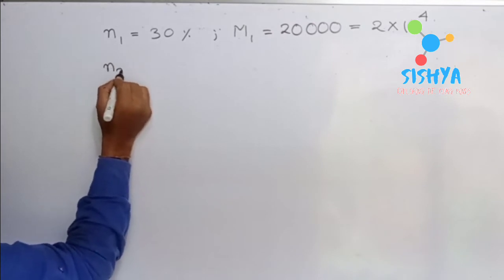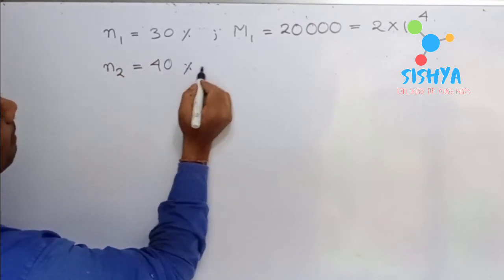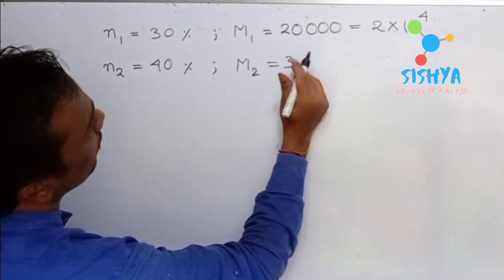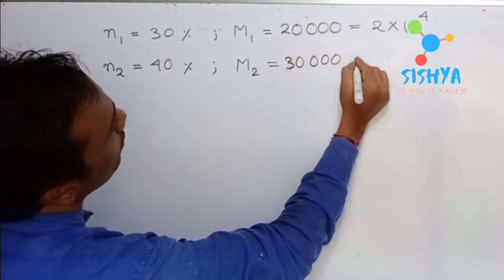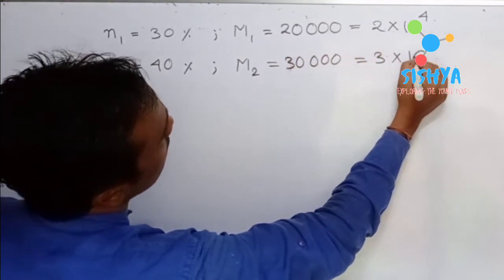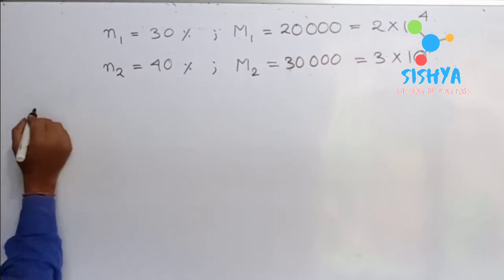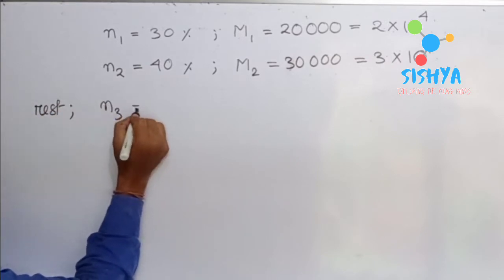The second one contains 40%, and its molar mass is given as 30,000. That can be written as 3 into 10 to the power 4. And the rest of the molecules are called the rest, that means N3.